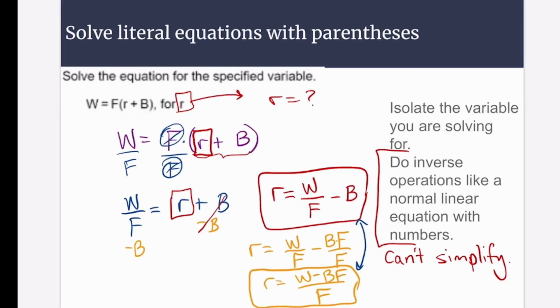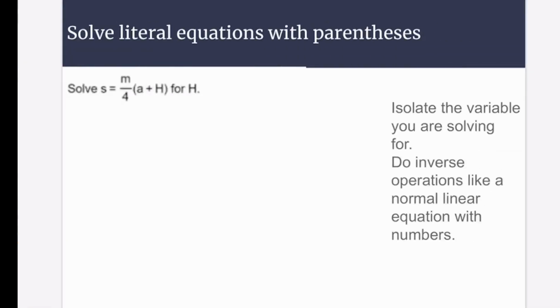So let's do another example. We're going to solve this equation. S equals m divided by 4 times a plus h. So we're solving for h. So h is going to equal something.